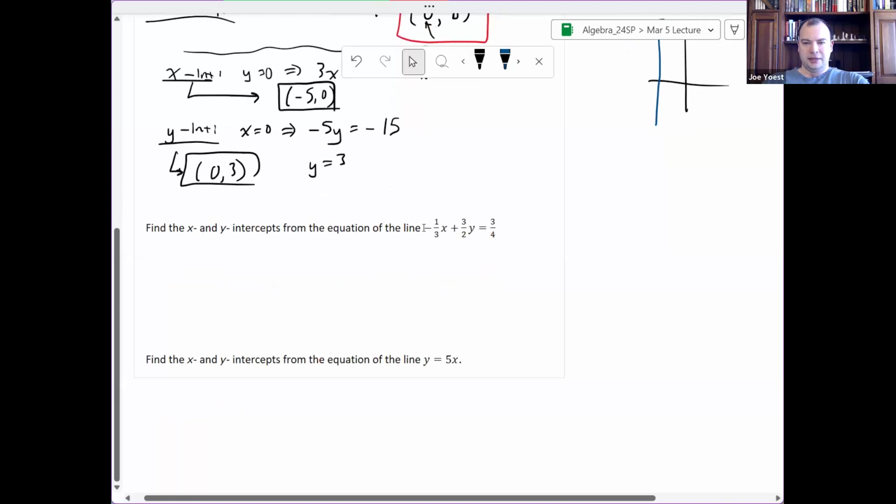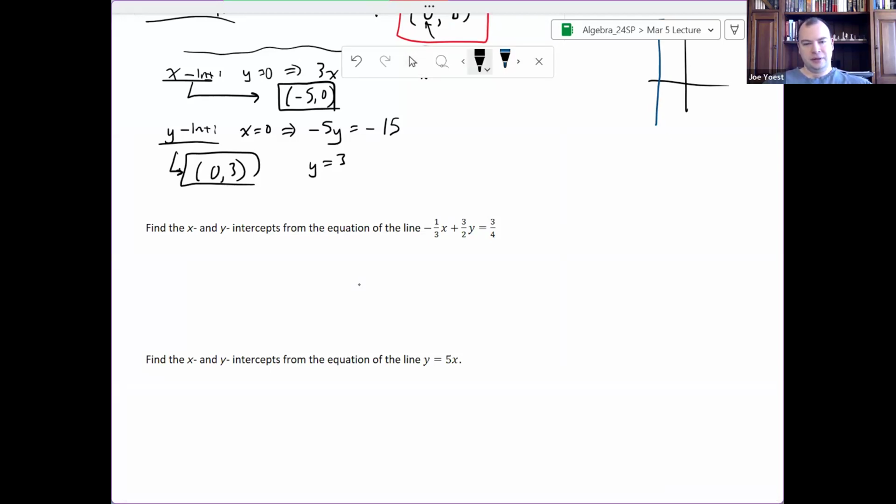So what if we had a slightly messier looking linear equation? -1/3 x plus 3/2 y equals 3/4. Let's find the x and y intercepts. The x-intercept, the intersection with the horizontal axis, is when the vertical component is 0, when y is 0.